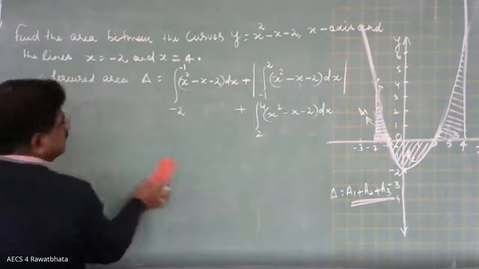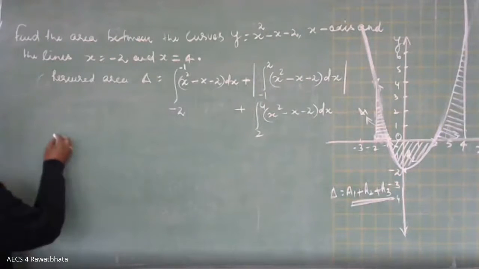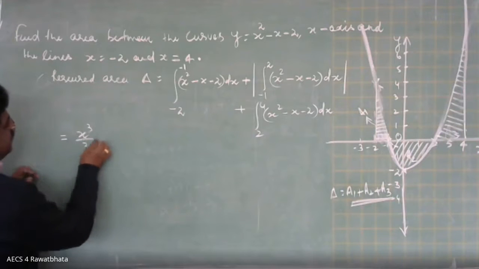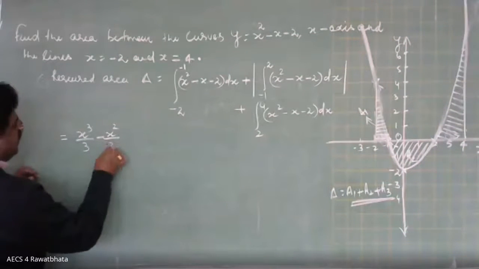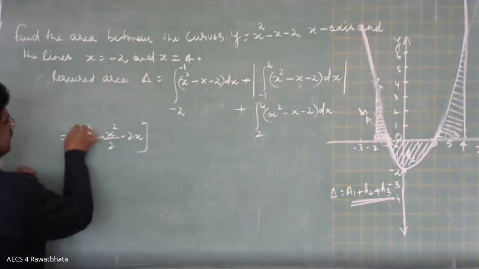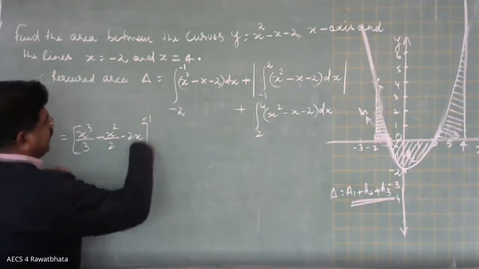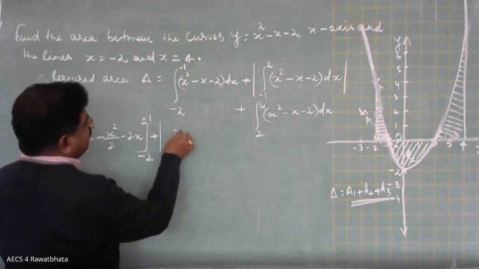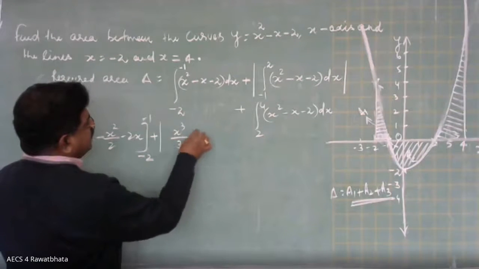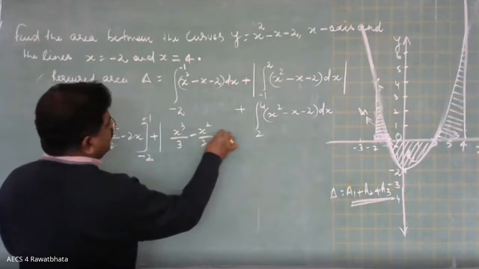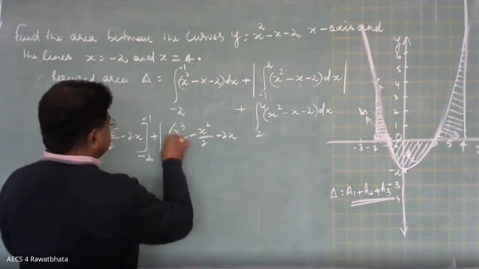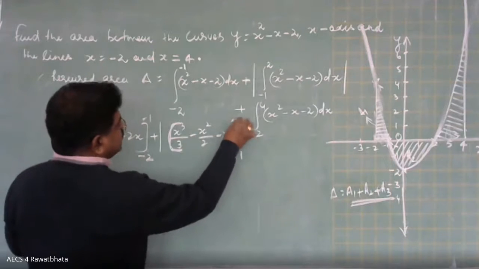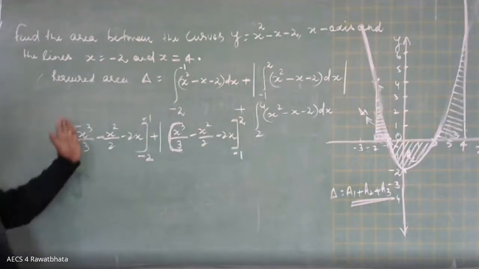Okay. Now this is equal to, integrating, x to the power 3 upon 3 minus x squared upon 2 minus 2x, with the limit minus 2 to minus 1, plus the modulus of x to the power 3 upon 3 minus x squared upon 2 minus 2x, with the limit minus 1 to 2.